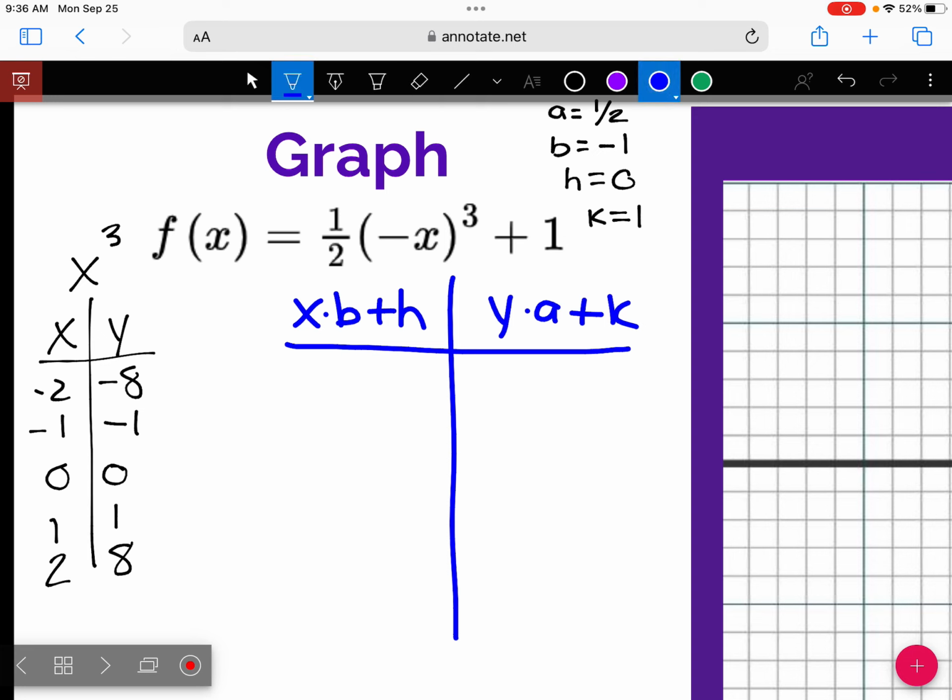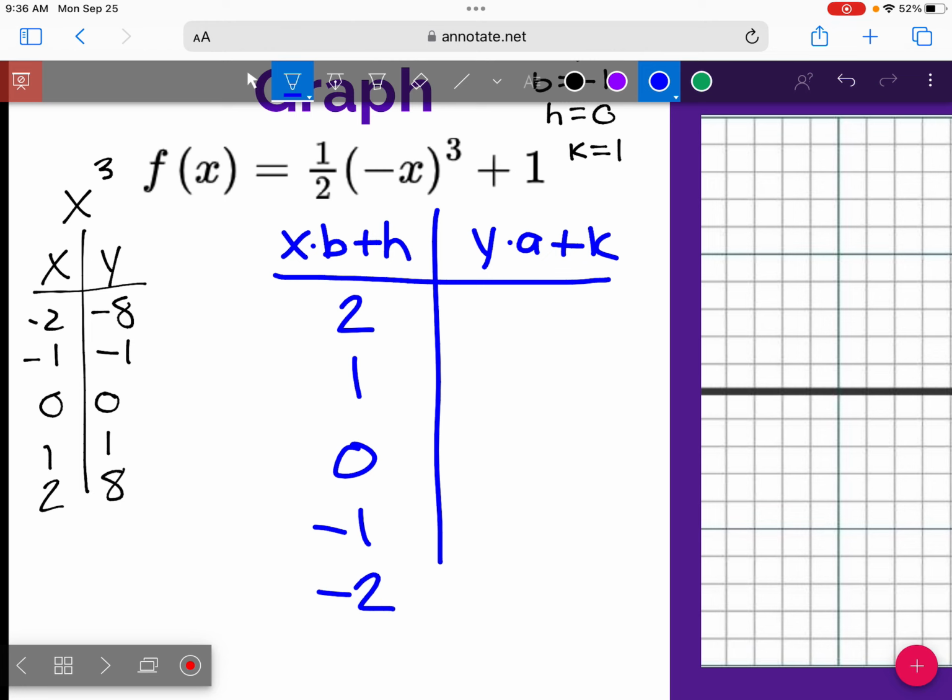X times b, so -2 times -1 is +2, +1, 0, -1, -2. Then we're going to do our y times the a. So our -8 times the 1/2, which is -4, plus k of 1 gives us -3.